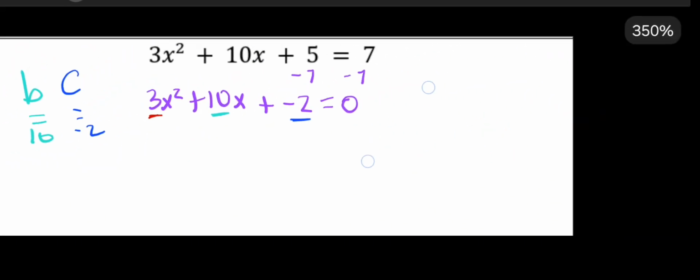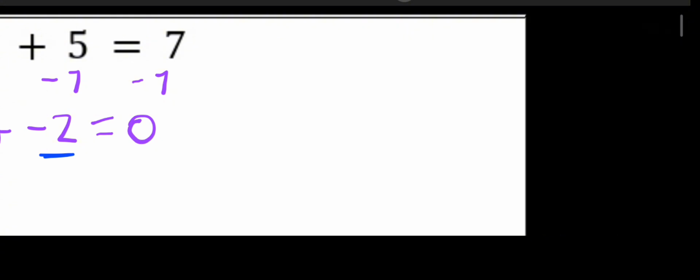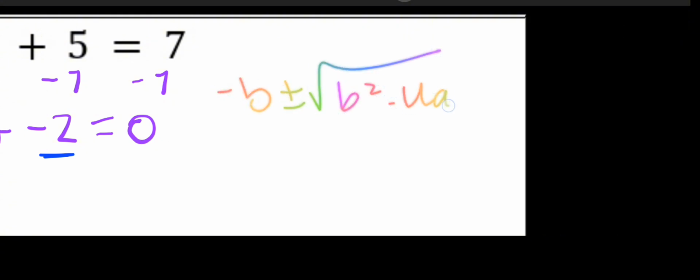So now we can plug this all into our quadratic formula, which is negative b plus or minus the square root of b squared minus 4ac all over 2a.